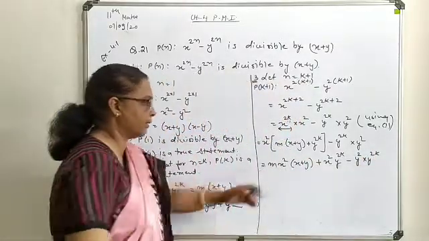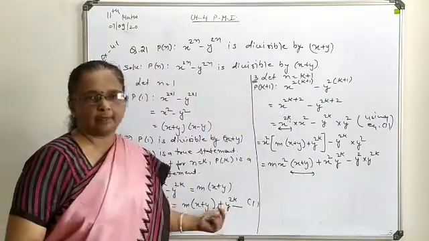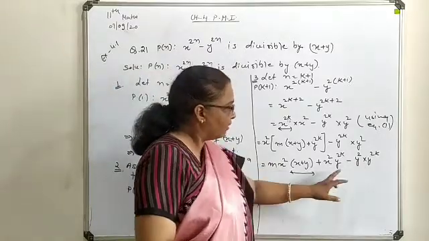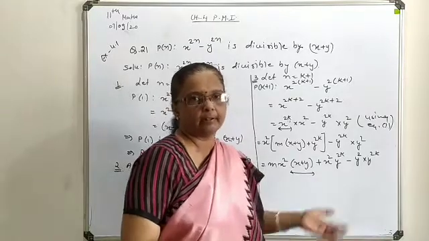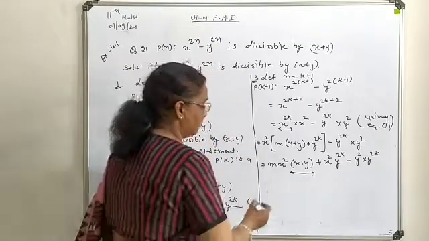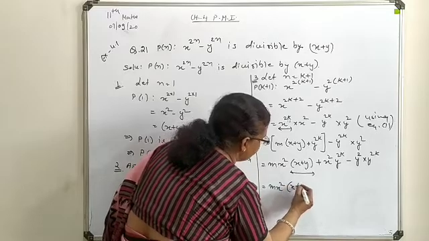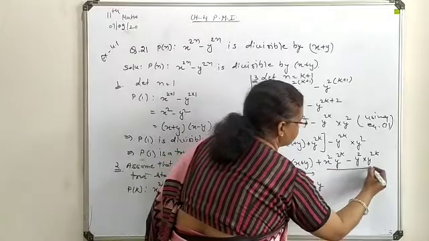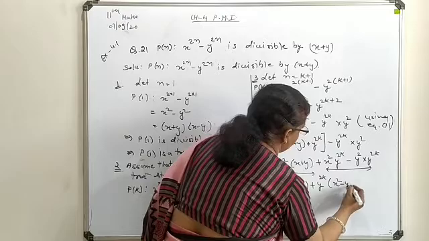Here it is very clear that the first term contains x plus y as a factor, so that can be taken common. Whereas in the second and third terms y power 2k is a common term, so that we are going to carry outside and then try to convert it as a multiple of x plus y. That is our required form. So this is m x square into x plus y, first you keep as such. In between these two terms y power 2k you take common, that is x square minus y square.